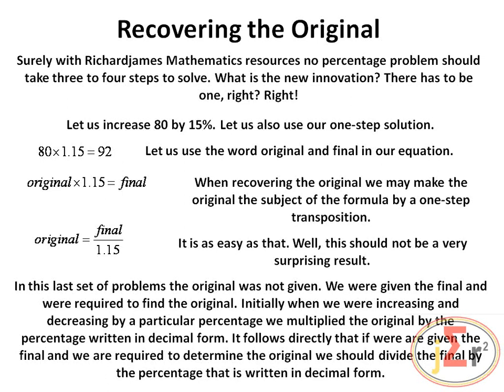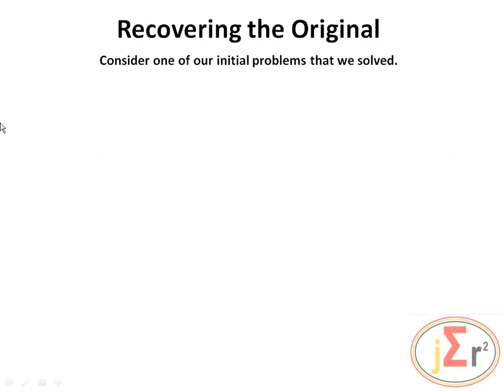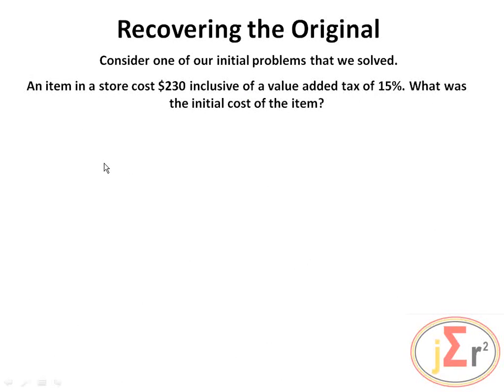So let us see if we can use that fact and solve some more problems. Consider one of our initial problems that we solved. An item in a store costs $230, inclusive of value-added tax of 15%. What was the initial cost of the item? We know that what we have there is 115% because tax was added and the tax was 15%.